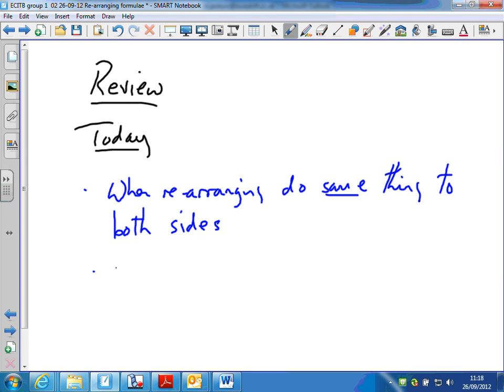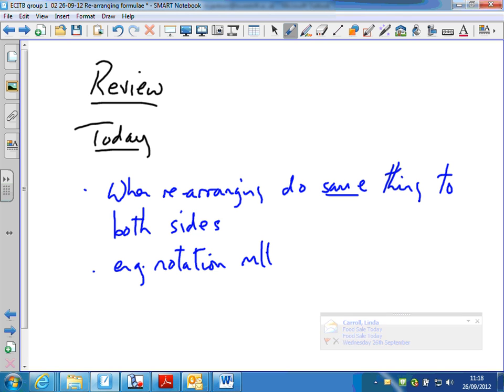Right. Okay. Engineering notation, multiples of 3, because it fits with prefixes.